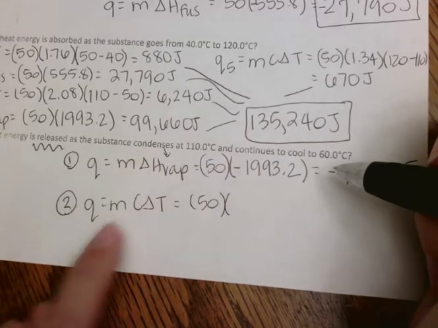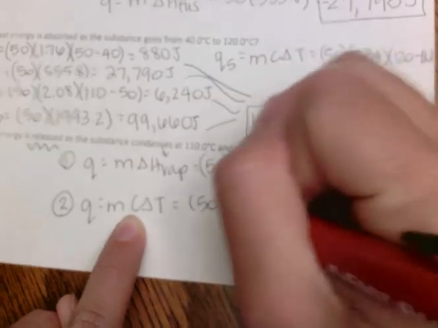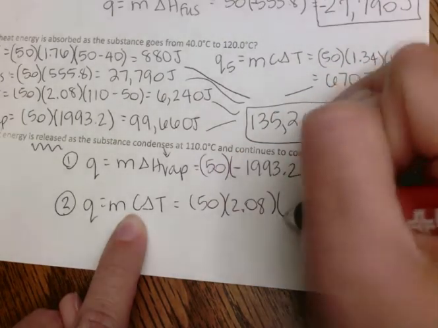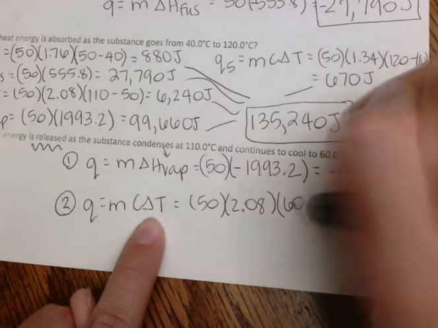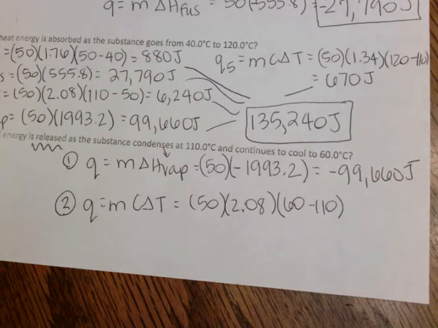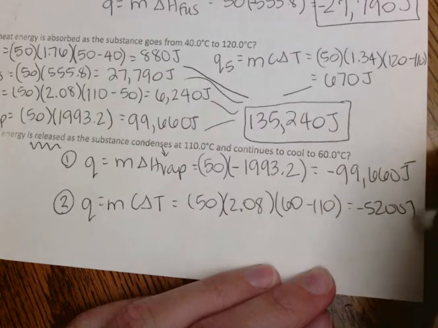And then in step 2, when we cool it down to 60, we have condensed it into a liquid. So when I have my specific heat here, I know that's in the liquid state. And I use the liquid specific heat from the table. And then the delta T, I'm ending at 60, but I started at 110. So 50 times 2.08 times 60 minus 110 gives me negative 5,200 joules.